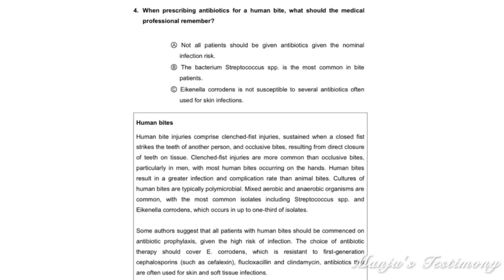Susceptible is the same meaning word. So make sure that you have a clear idea about vocabulary that usually comes with healthcare related topics. So here options A and B are for elimination and option C is the right answer.